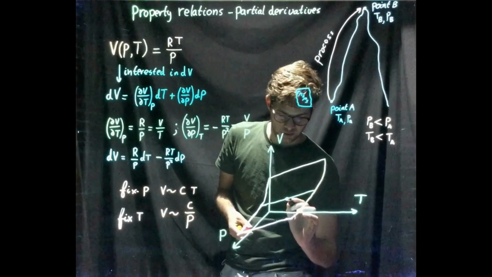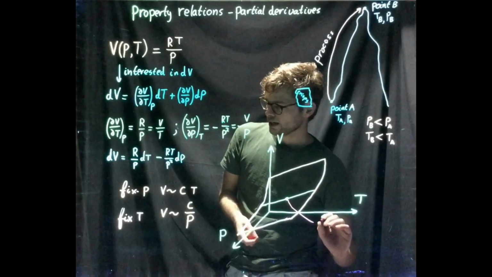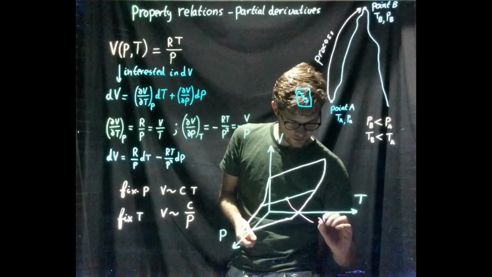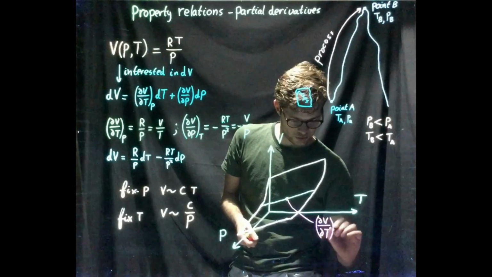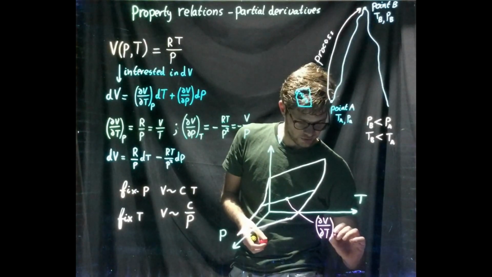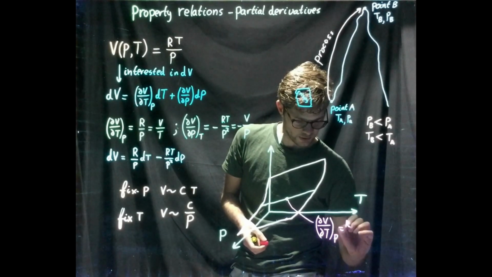So over here I have my dV over dT, my rate of change due to temperature for a fixed pressure, which is equal to R over P.